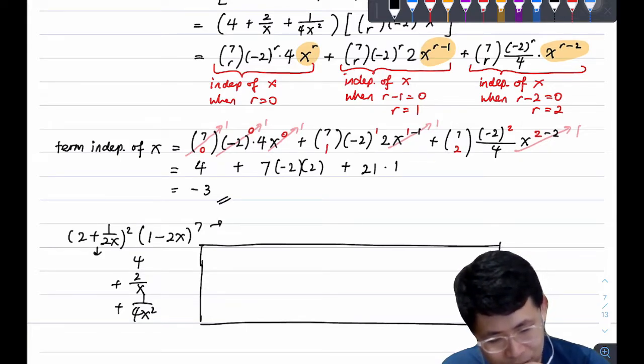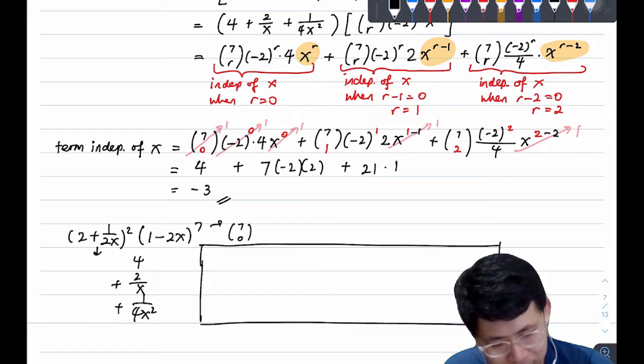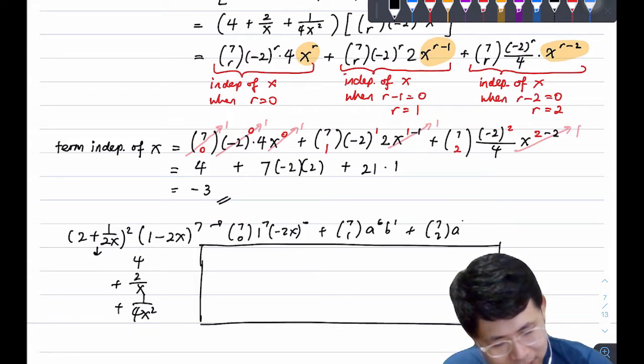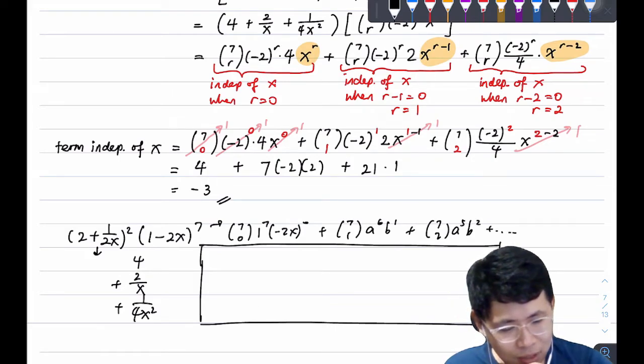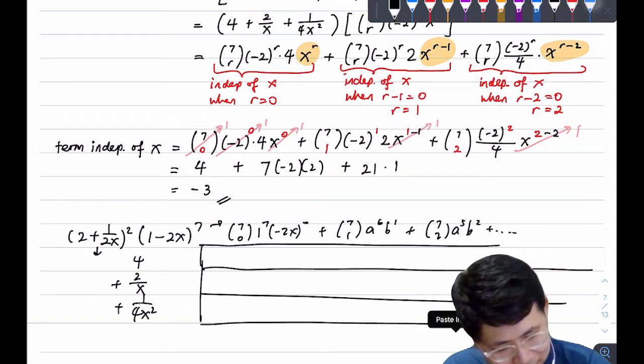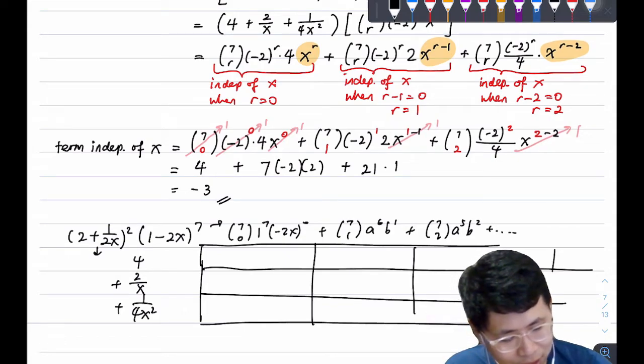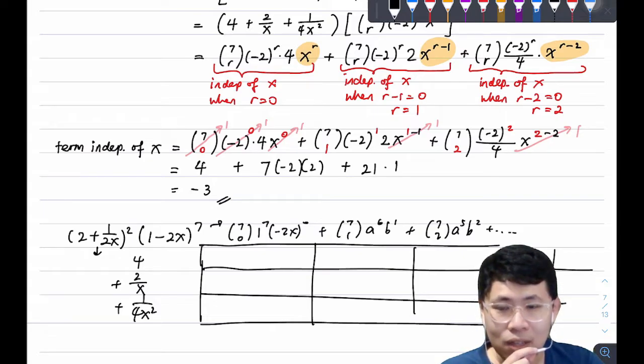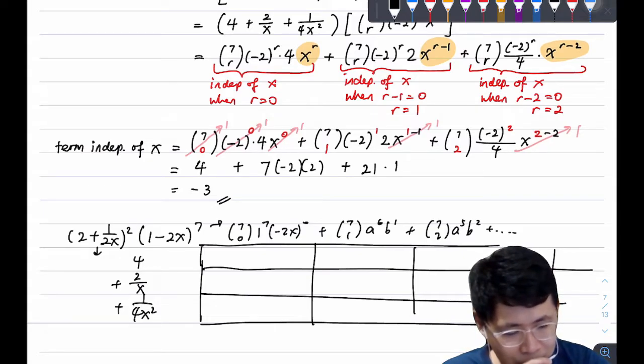Then this one over here would be 7 choose 0 of this to the power of 0, plus 7 choose 1 of this, plus 7 choose 2 of this, and so on and so forth, correct? So technically speaking, we are just expanding like this, and we're just looking for the term with no x.